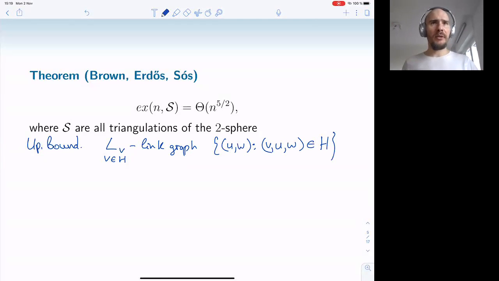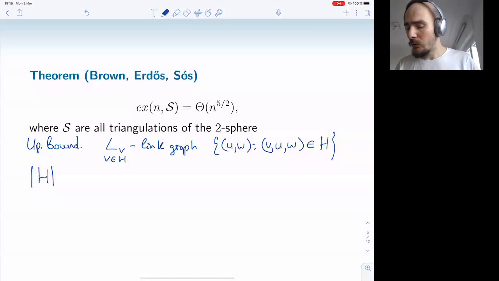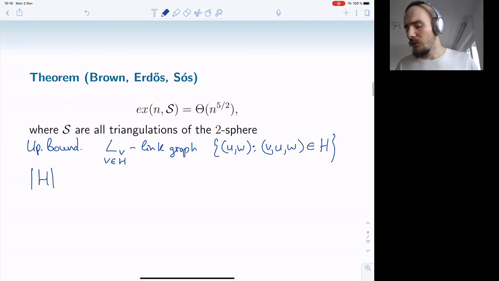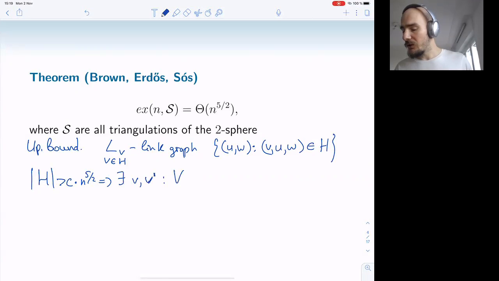And the main point is that when the number of edges in our hypergraph is bigger than some constant times n to the 5/2, then we have vertices V and V prime such that the intersection of their link graphs contains many edges.